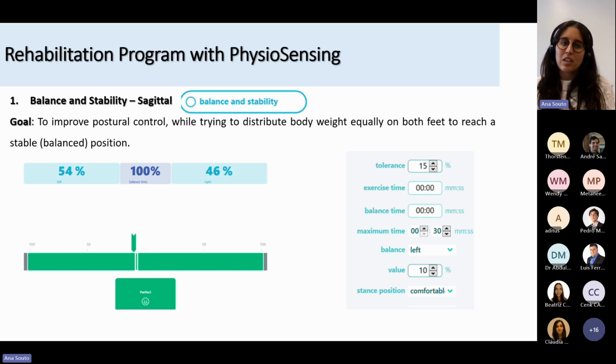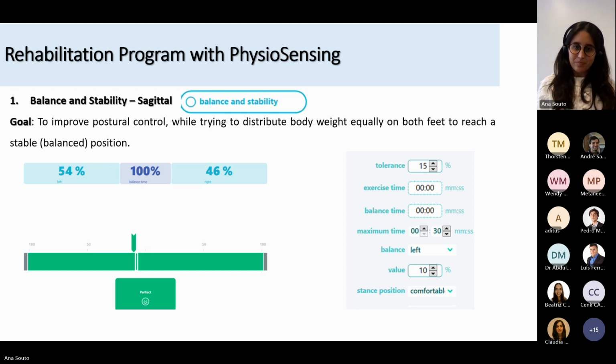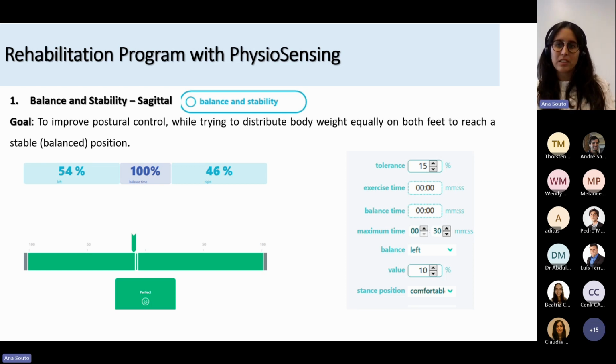So the exercises in this category are for static balance training. This is the exercise that I chose in the medial lateral plane because we assessed that this patient had this asymmetry in weight bearing and was having trouble coming to the center, so distributing weight equally on both legs.